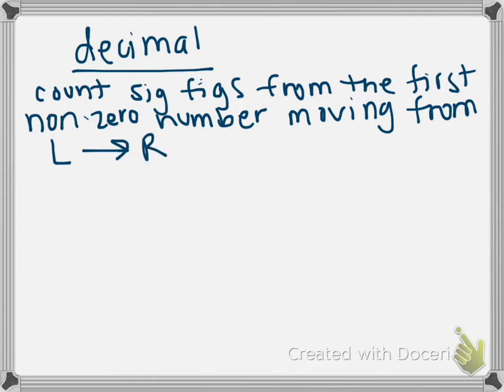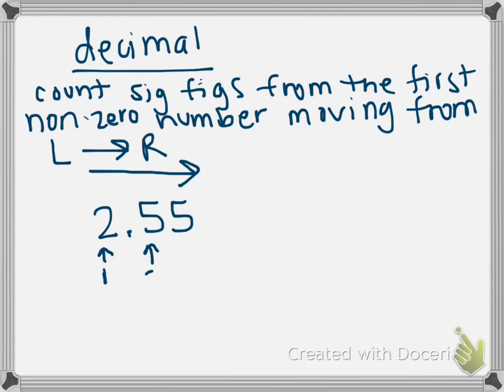So moving from left to right. So for example, if I had the number 2.55, alright, I count from left to right. Okay, so that's the direction I count, and I start counting at the first non-zero number. So I look at the farthest left number, that's 2. Okay, that's a non-zero number, so I start counting. That's number 1, and I keep counting until I'm done. This is number 2, and this is number 3. So this number right here has 3 sig figs.